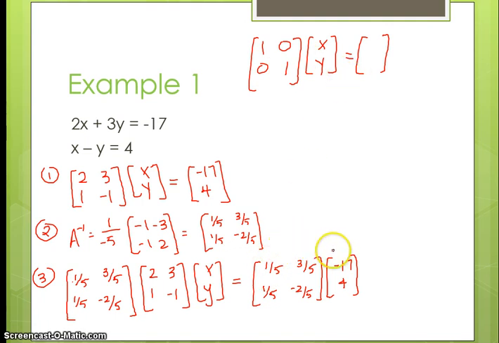Over here, I have 1/5 times a -17 plus 3/5 times 4, so that's 12/5. -17/5 plus 12/5 should be a -1.